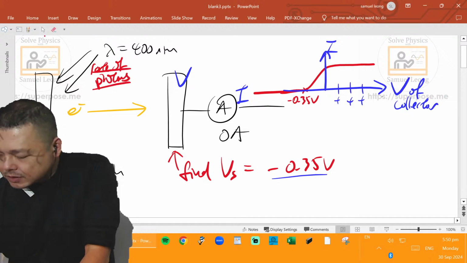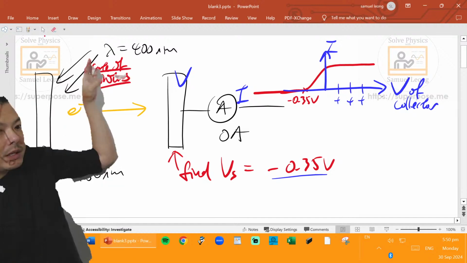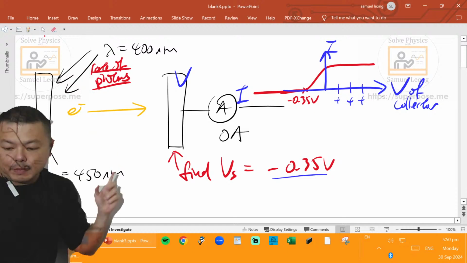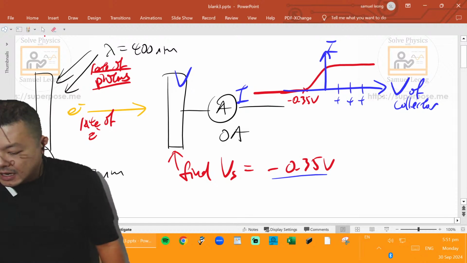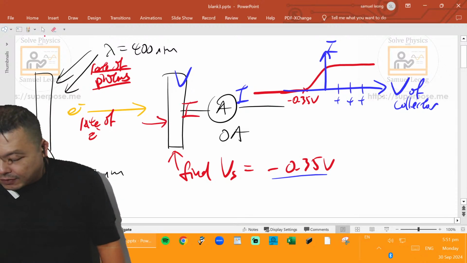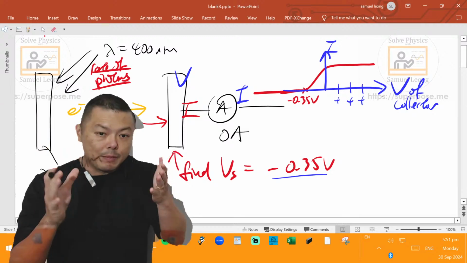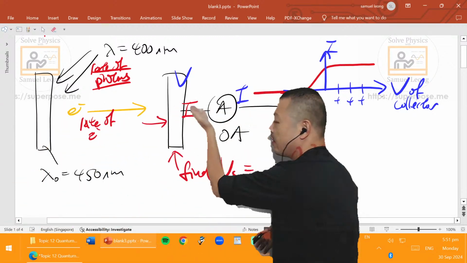So if the rate of photons is limited, then the rate of electrons is limited. Therefore, the current flowing inside the wire is also limited by the rate of electrons.